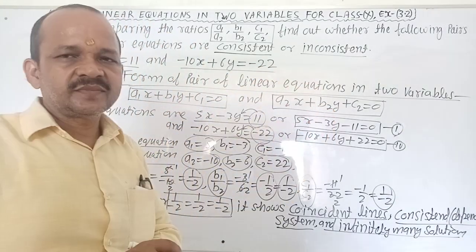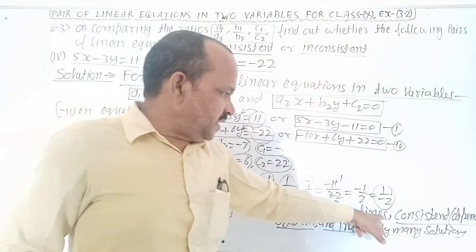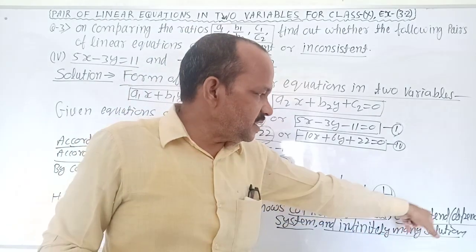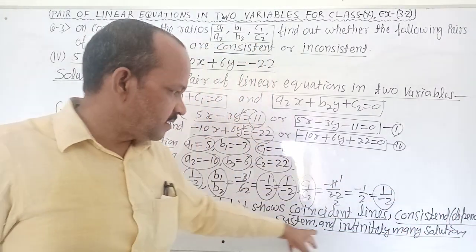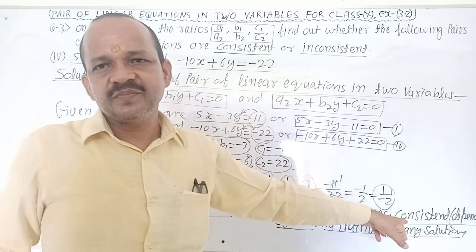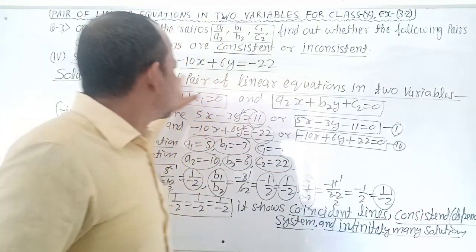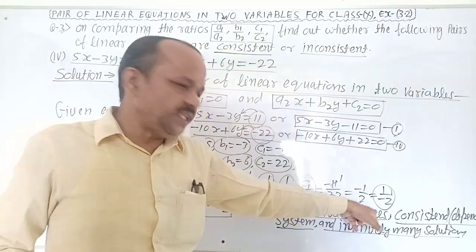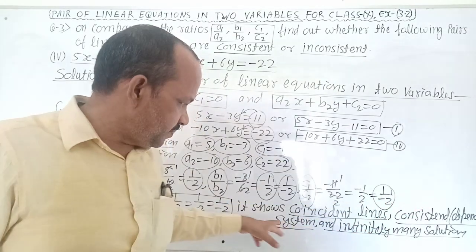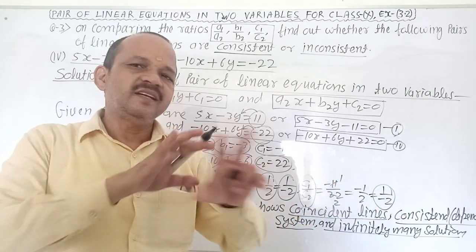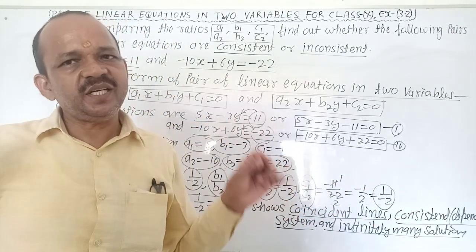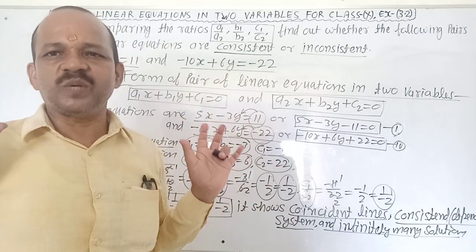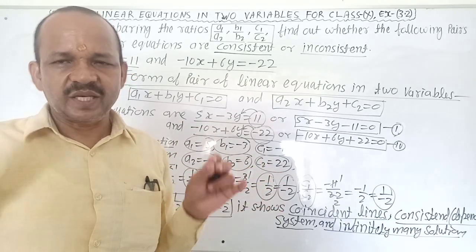You find coincident lines, a consistent dependent system and infinitely many solutions. It means these equations show coincident lines, a consistent dependent system and infinitely many solutions. It is clear, no confusion about it. Very good. It is easy. In this way you can solve any question very easily. Clear, no confusion. Very good.